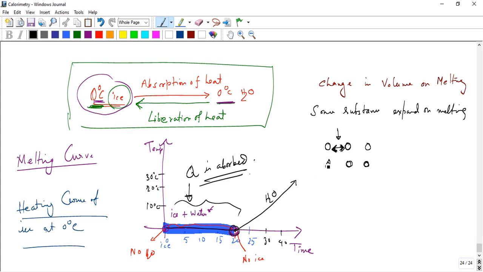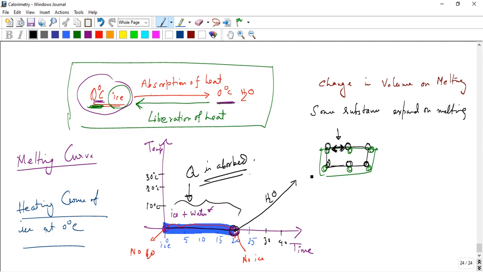We know that a liquid has more intermolecular space than a solid. So we see that there is some expansion.